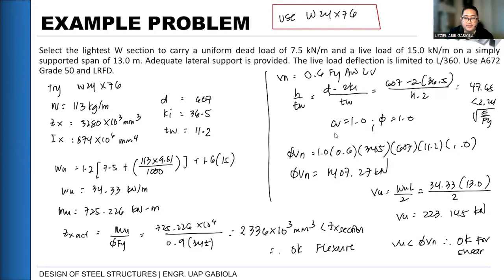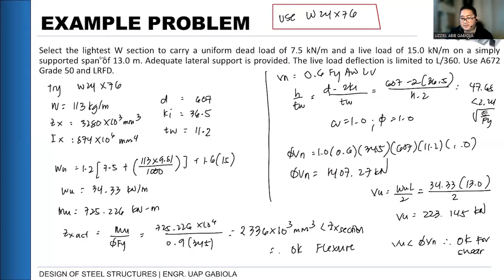Okay, so if you find any concern dito sa way ng pag-solve natin, please don't hesitate to reach out sa GC natin. I have here, okay lang ba unang computing yung deflection? Okay lang din naman unang computing yung deflection, pero ang problem mo kasi wala kang section. Hindi mo alam yung section na gagamitin mo. So hindi mo alam yung value ng Ix and Sx mo or Zx mo.